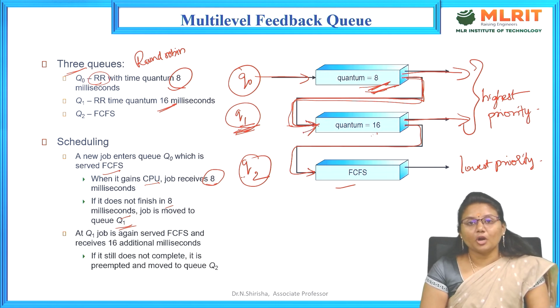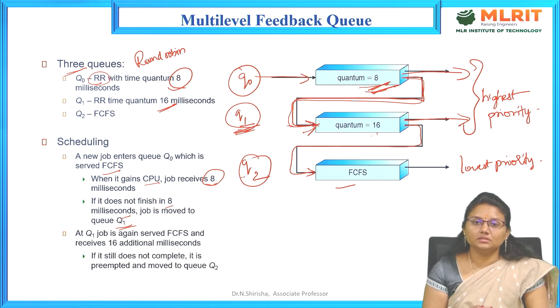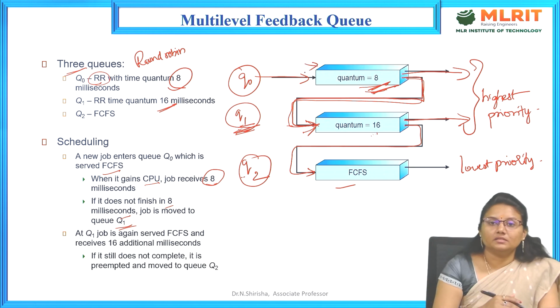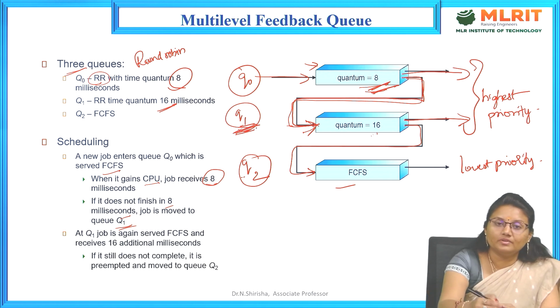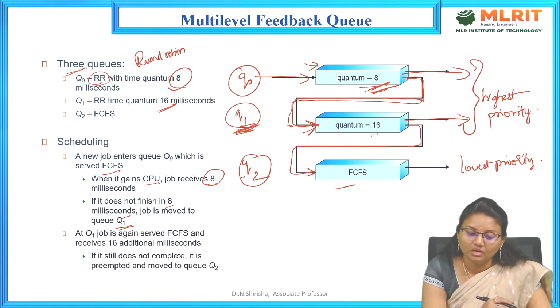Nowhere will the processor be in the idle state. The processor will always be in the execution state where there is less response time. So we move the processes which have higher response time to Q1 and Q2 later on according to the requirement.